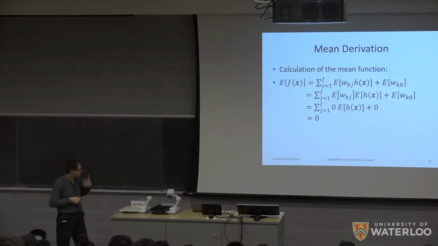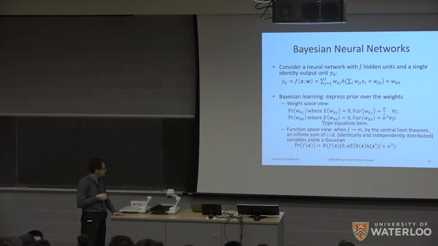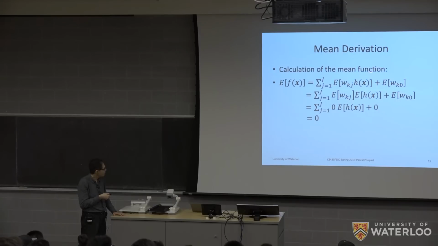So this slide shows that if I replace f by the expression that I have, f of x is essentially wkj times h of some expression plus wk0. So I obtain here wkj, h of some expression.